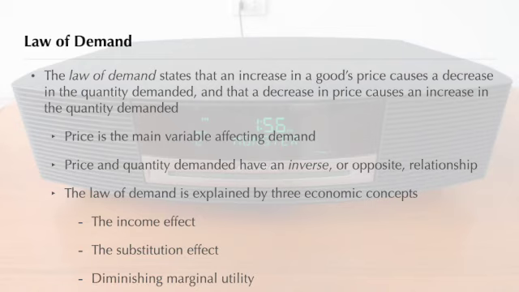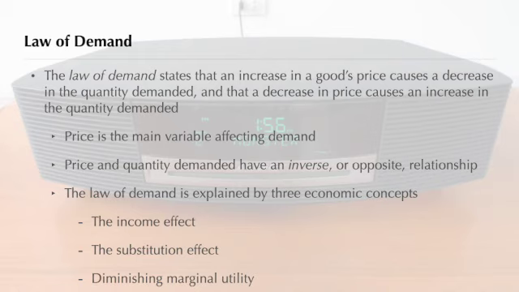Even if you were able to pay the higher price, you might not be willing to do so. Similarly, some other consumers might also be unwilling or unable to buy CD players at the higher price. In other words, the price increase will lead to a decrease in the quantity demanded. In contrast, if the price for CD players falls to $100, the quantity demanded will increase as consumers are willing and able to buy more CD players.